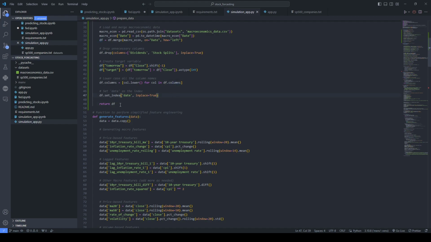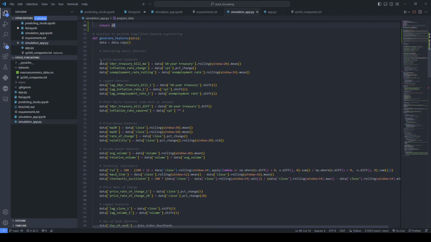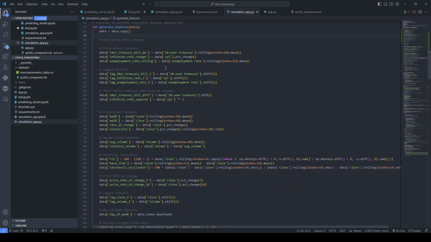That's it, guys. So we're getting the return df. I have a lot of feature engineering here. As you can see, we are rolling it over 20 days, and we have 14 days for unemployment. We are getting the percentage change for inflation because we have the consumer price index. Basically, the percent change is inflation.